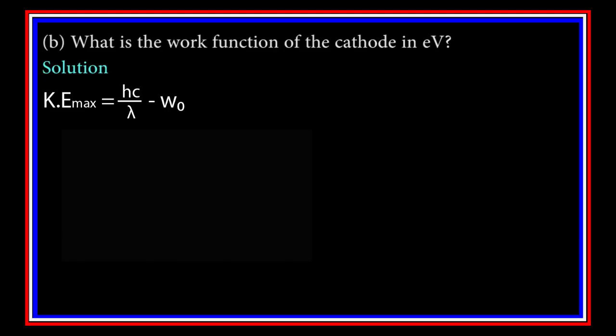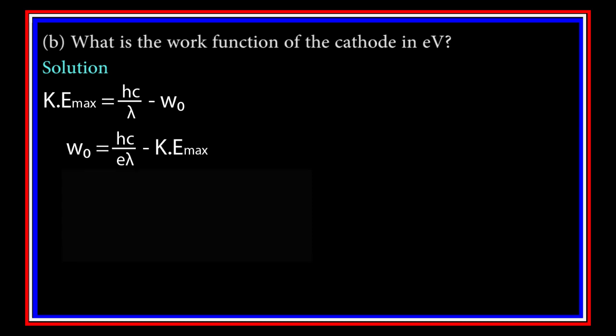From KE maximum is equal to hc over lambda minus W naught, W naught is equal to hc over e lambda minus KE maximum.